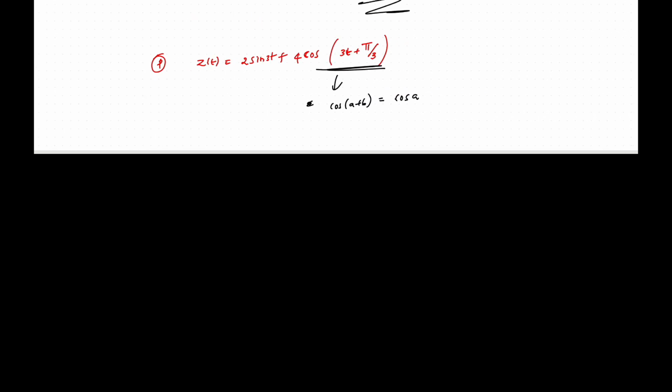In that case you have to expand this. Take cos of A plus B, which is cos A cos B minus sin A sin B. You have to expand like this, and then you can check the orthogonality condition and solve it. This is how you need to solve these questions.